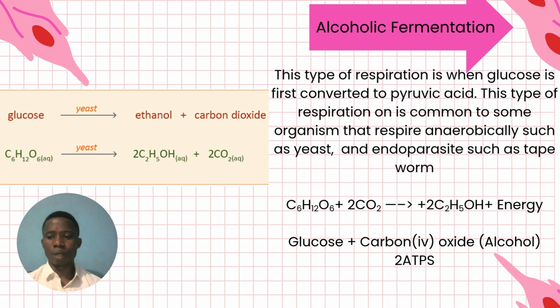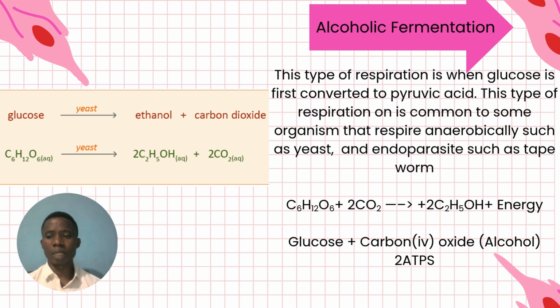In this anaerobic process, meaning it occurs in the absence of oxygen, yeast breaks down one molecule of glucose into two molecules of ethanol and two molecules of carbon dioxide. The energy released during this breakdown is used by yeast for its metabolic activities.